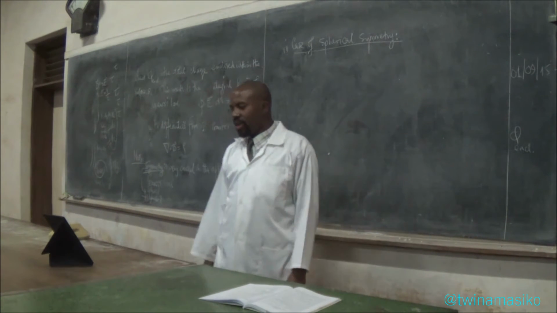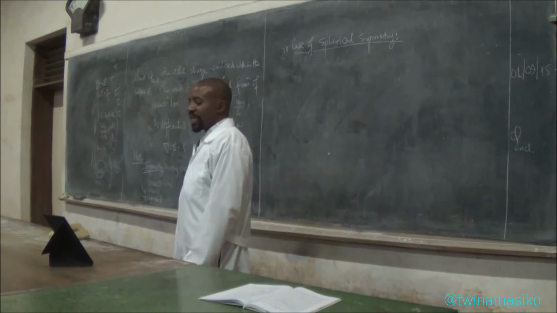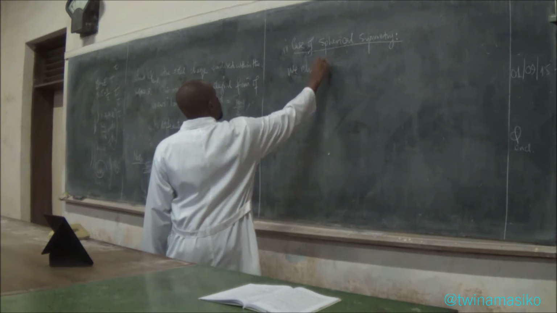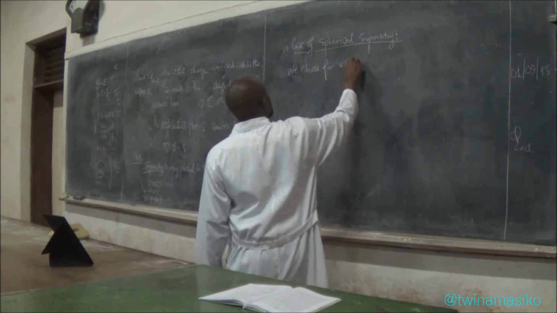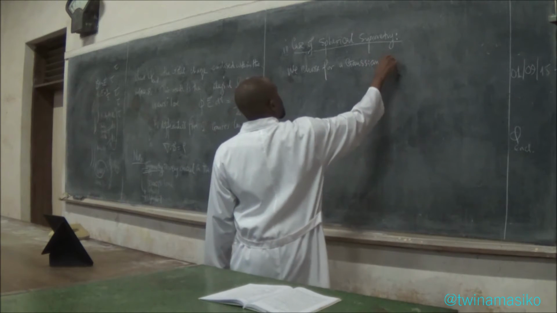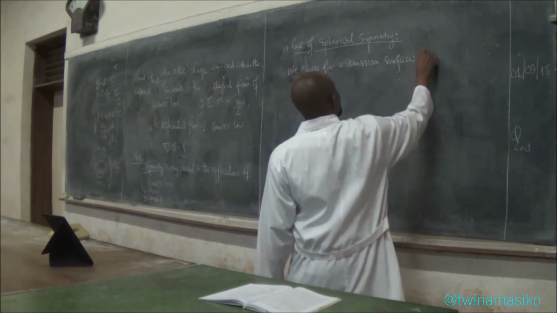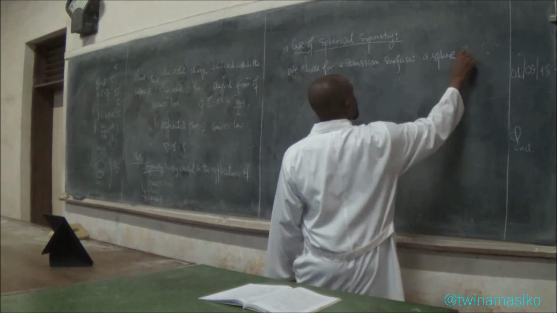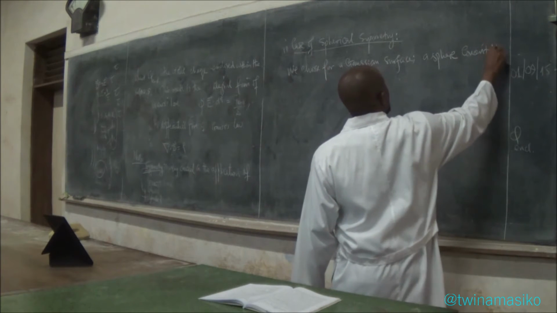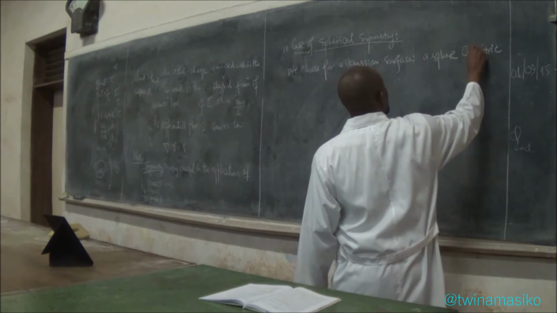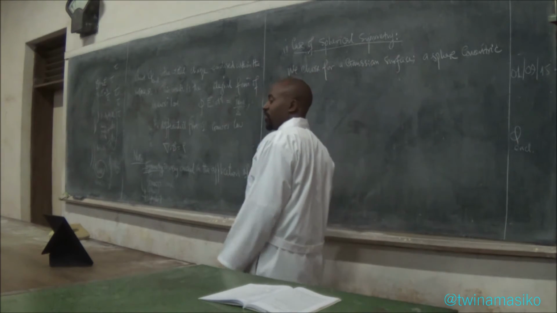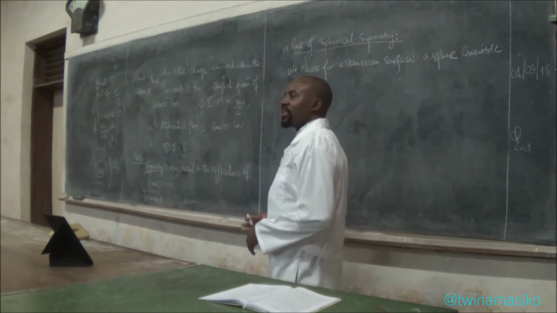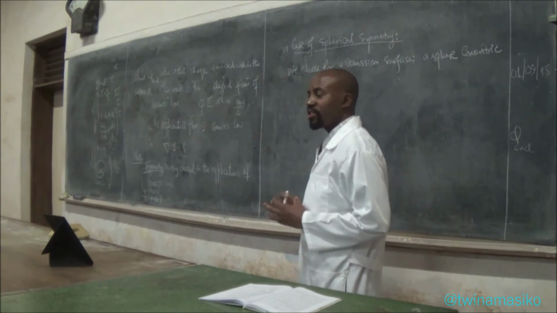Hard. So we choose for the Gaussian surface a sphere, concentric. When spheres share a center, you say concentric.